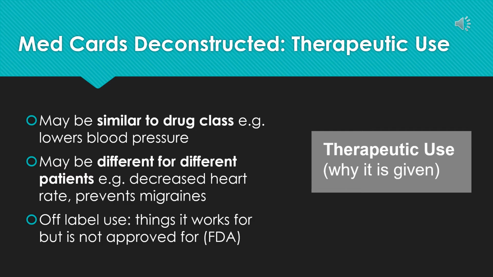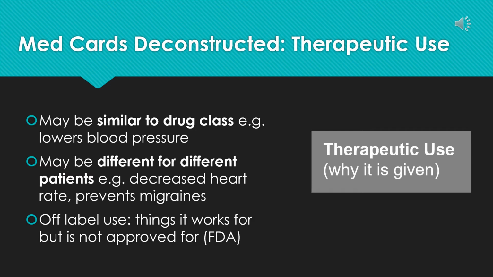There's also something called an off-label use, and that refers to what the medication is approved for by the FDA. The FDA approves things for very specific purposes, and then after we use a medication for that purpose for a while, we collect data and we realize it does this other thing too.